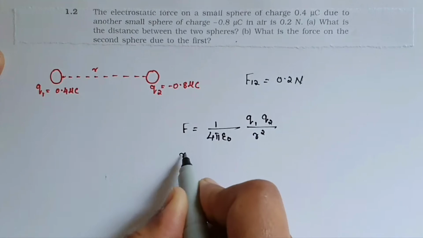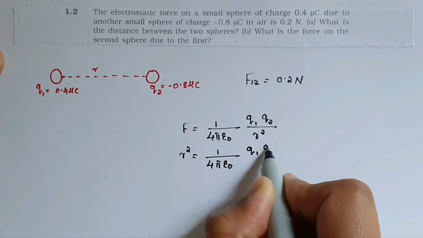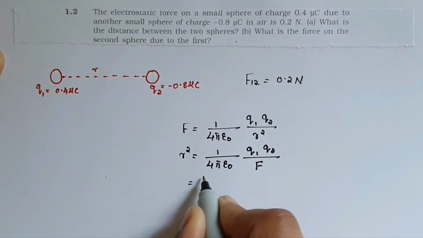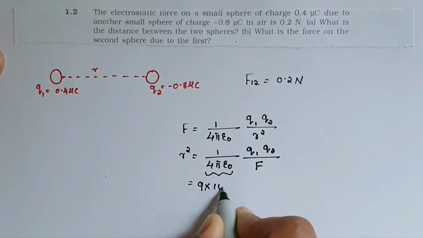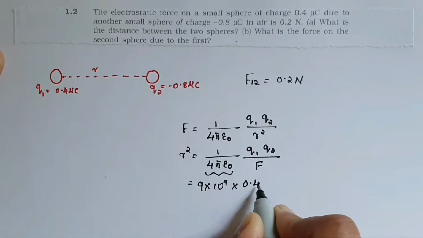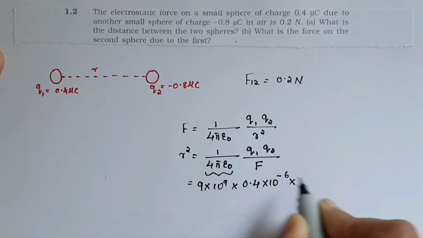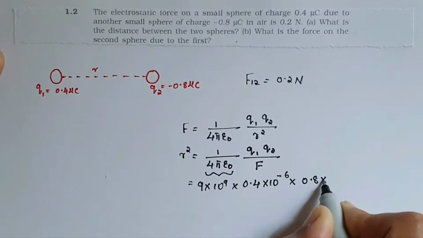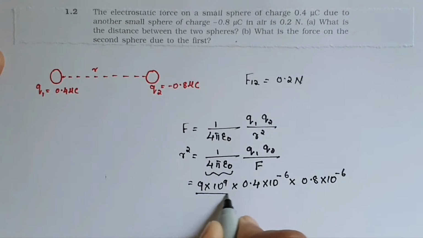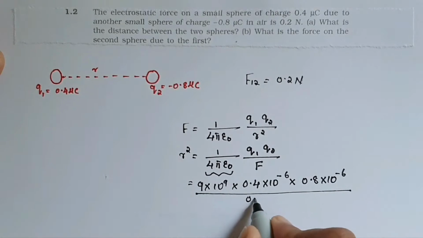From this, r square equal to 1 by 4 pi epsilon 0 Q1 Q2 by F. Now substitute the values. 1 by 4 pi epsilon 0, that is 9 × 10^9, into Q1, that is 0.4 microcoulomb, which is equal to 0.4 × 10^-6 coulomb, into Q2, that is 0.8 × 10^-6 coulomb. We are only taking the magnitude of the values. All divided by force, that is 0.2 Newton.